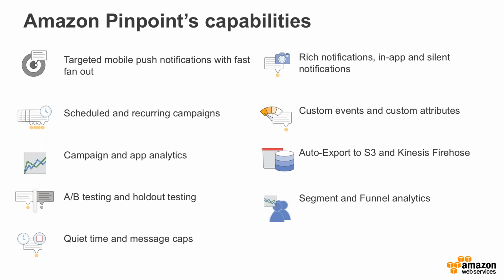The second point, rich analytics, is you have campaign and app analytics. You can create segments and you can create funnels. You have downstream flexibility to use those functionalities, for example, with the ability to export your data to S3, that's the Simple Storage Service, an object storage service that we offer on the platform.